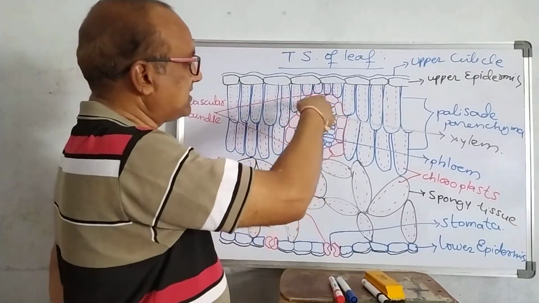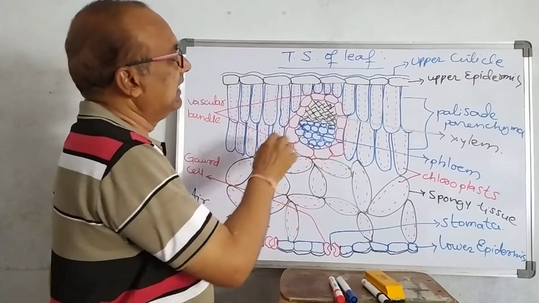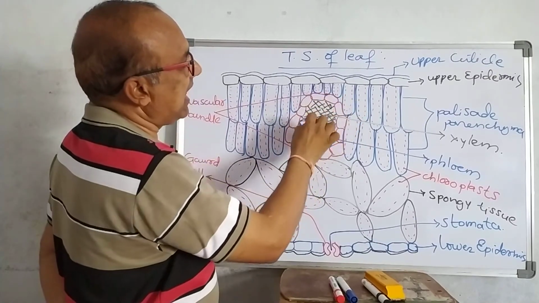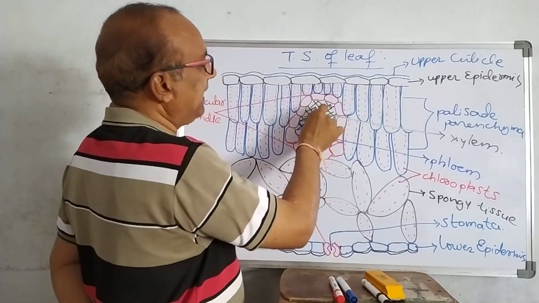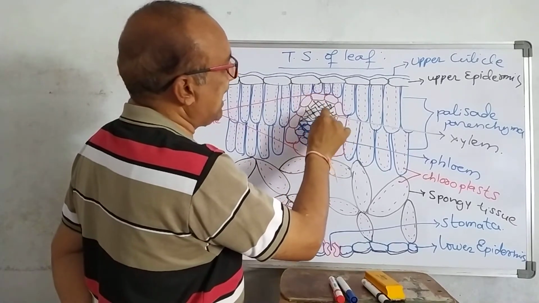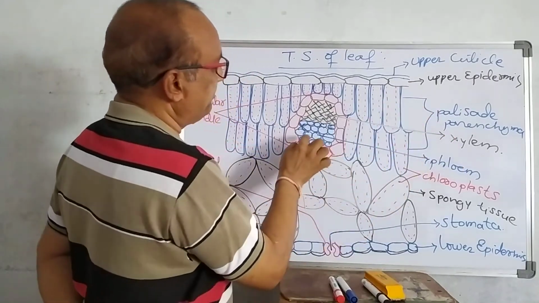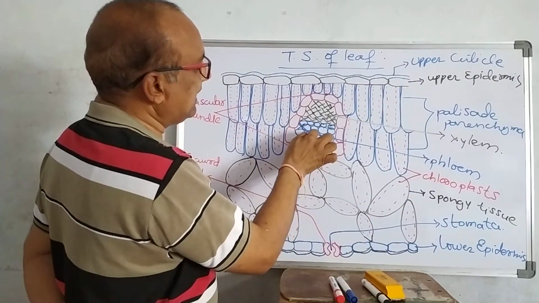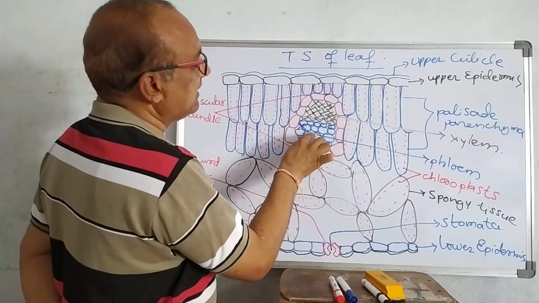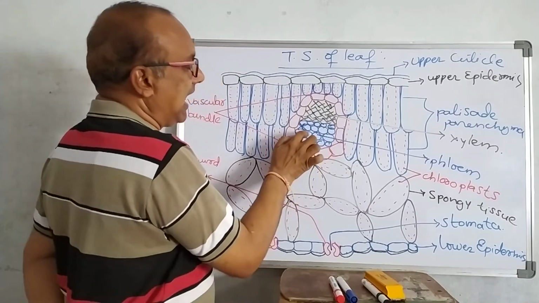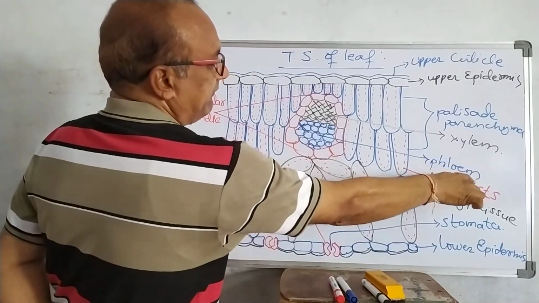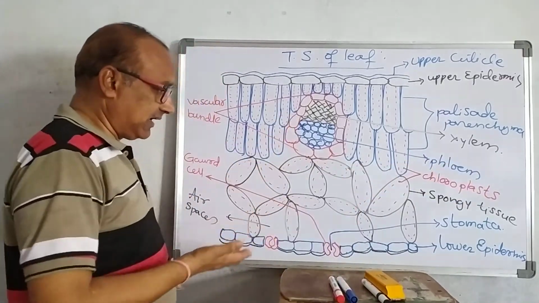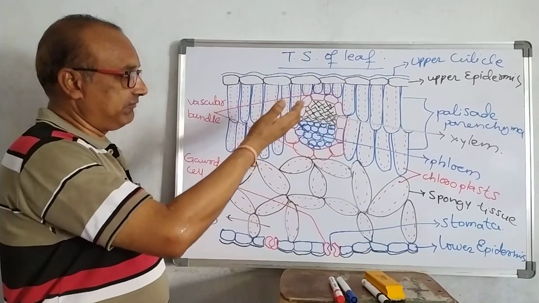This bundle-like structure is called vascular bundle, and the upper cells have thick cell walls, so they appear rough. These cells and tissue are called xylem tissue, and just beneath that, inside the vascular bundle, the cells are with a thin layer and look very smooth with gaps between them, named phloem. So in this way, the transverse section of leaf we can observe.